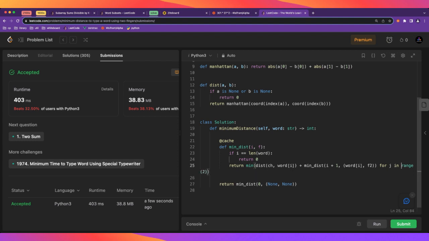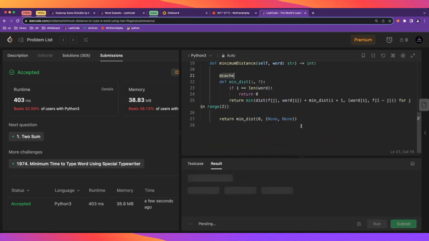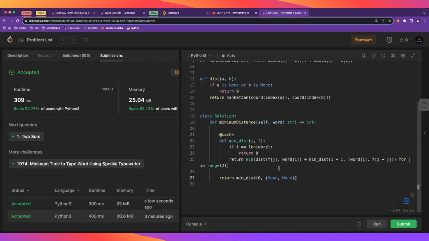I don't think this may be worse, but bear with me. So f of j, and here we want word, and f of 1 minus j, so that we get the other finger. Is this right? Seems so. Okay. Yeah, I don't know if that's better. Maybe the other one is clearer, I guess.